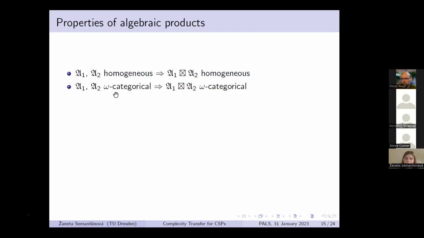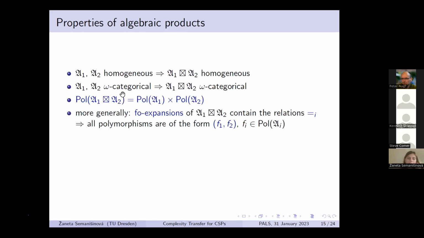Same for omega categorical. And even more important for us, because we want to study polymorphisms, the polymorphism clone of a product is a product set. So if we understand the polymorphisms of the structures separately, we immediately understand the polymorphisms of the product.